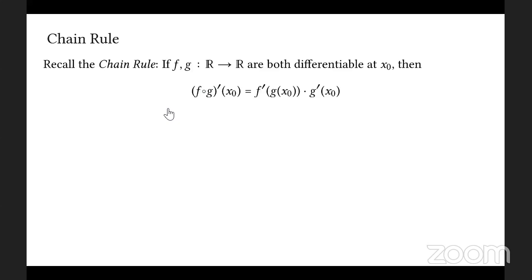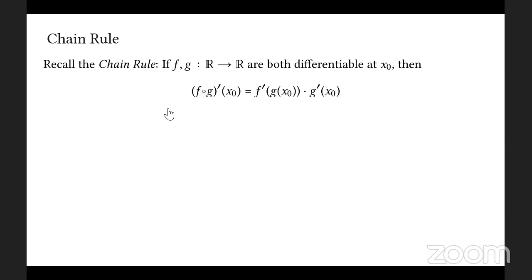All right. So now chain rule, with this idea that each type of function has its own derivative, chain rule actually is pretty straightforward. For functions of one real variable, from R to R, the way we take the derivative of their composition, assuming their derivatives are both defined there, is we take the derivative of f at g of x naught, and then multiply by the derivative of g at x naught.